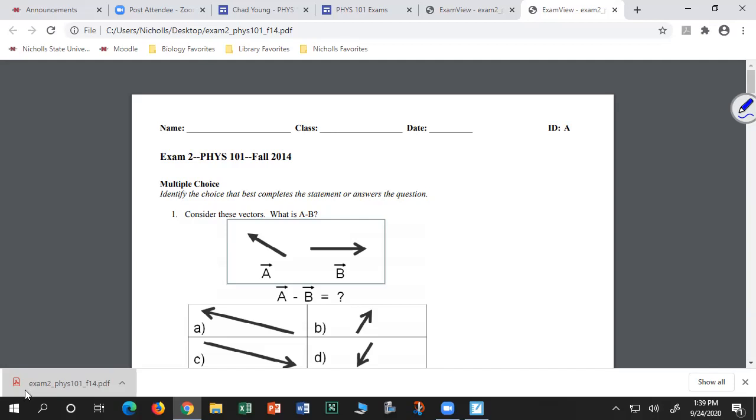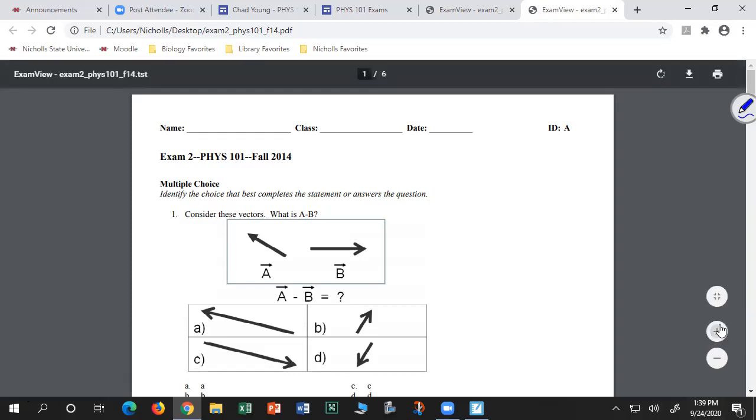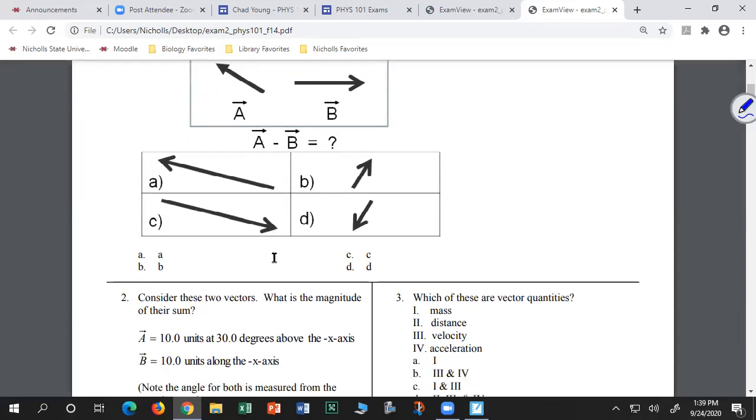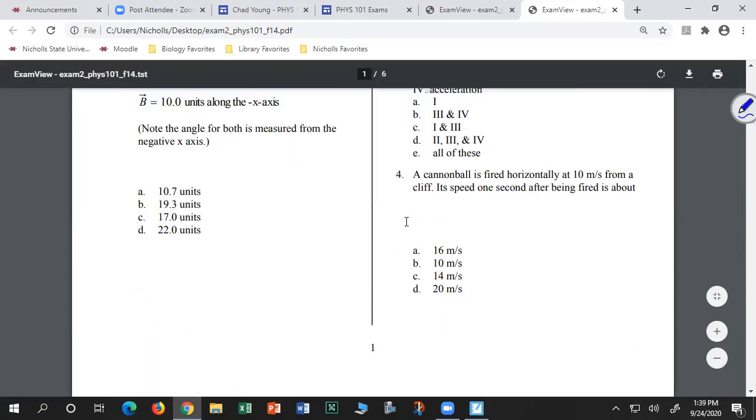All right, fall 14. No vector stuff. I mean, there are a lot of vectors, obviously, because you have it for chapters 3 and 4, but no specific vector problems.